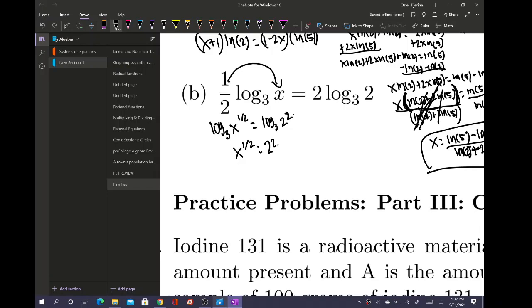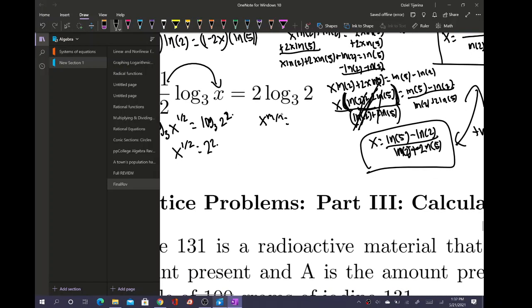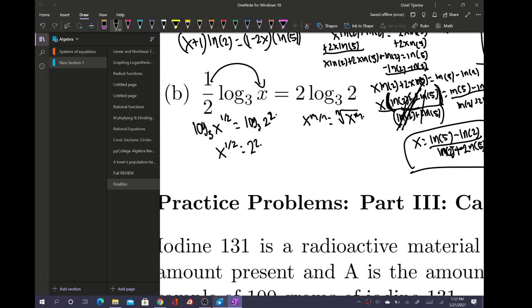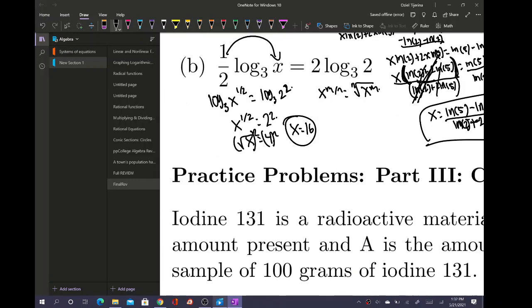And if you remember, x to the m over n is going to be equal to the nth root of x raised to the m power, right? So that means that x to the 1/2 is the square root of x, and the square root of x equals 4. So if we square both sides, we get x equals 16, and that is your answer.